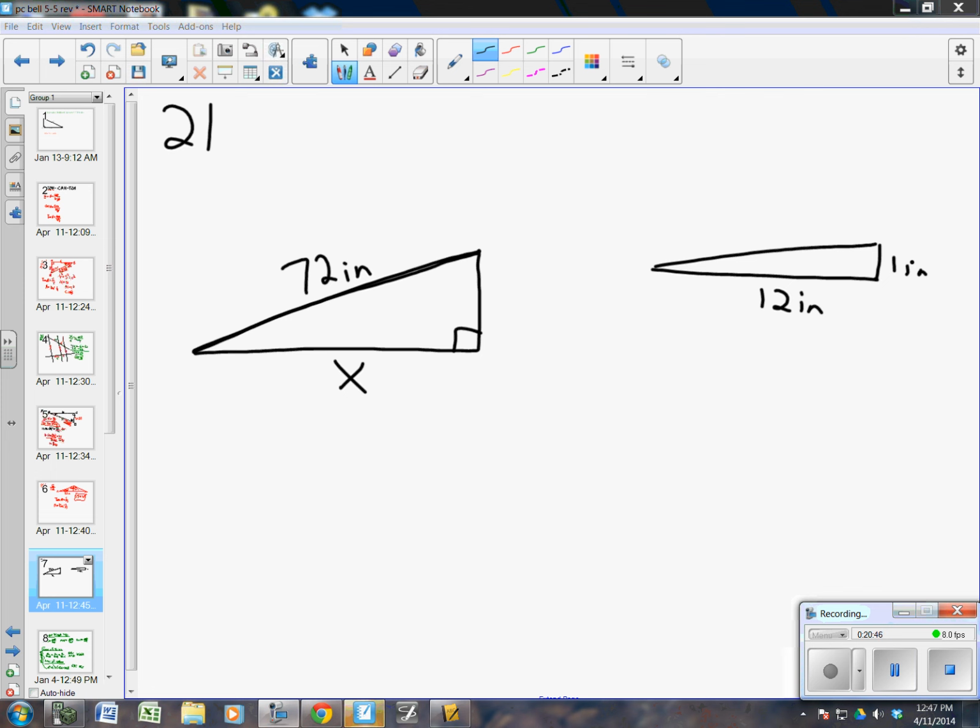Now we know that there's got to be a 1 to 12 ratio on this, right? And she also wants to know this angle down here, the angle of incline right here.